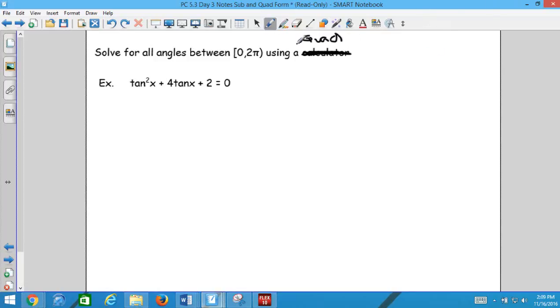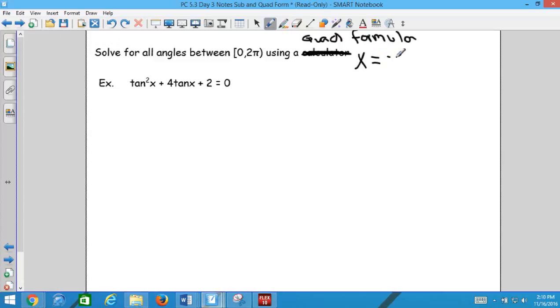Quadratic formula. Okay, why would we be doing quadratic formula? Because it doesn't factor. So we have to use quadratic formula because it doesn't factor. You guys know this quadratic formula, right? All right, let's sing it.